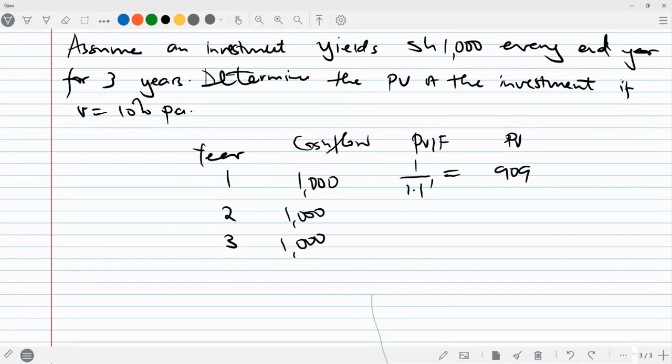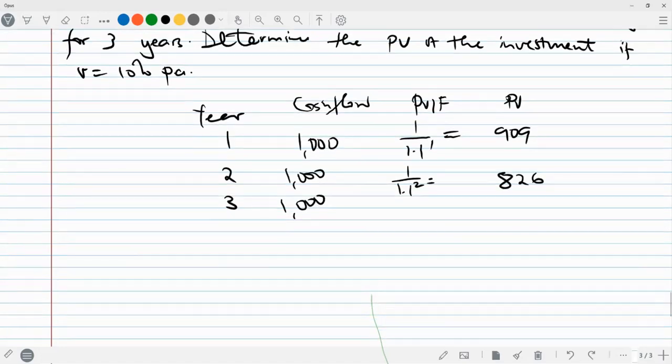Then this is year 2. We are discounting from year 2 to year 0, so 2 years, so 1.1 squared is the factor, giving us 826. Year 3, we are discounting from year 3 to year 0, so 1 divided by 1.1 to the power of 3 gives us 751.